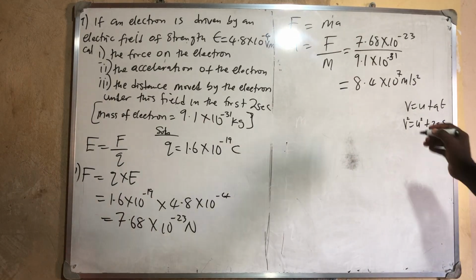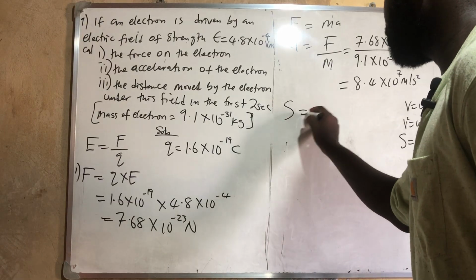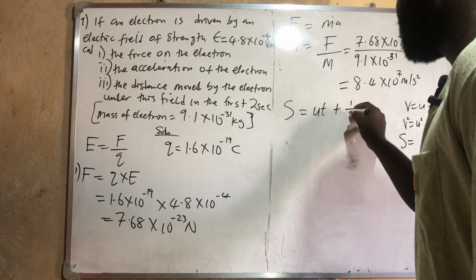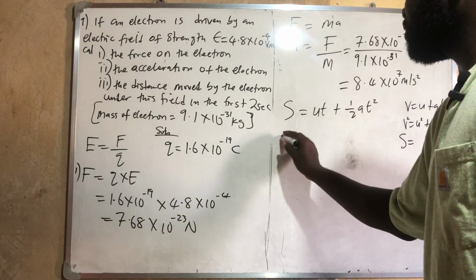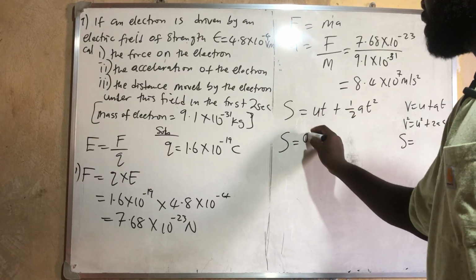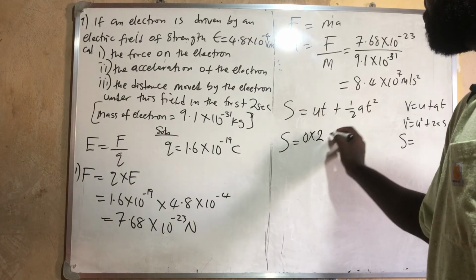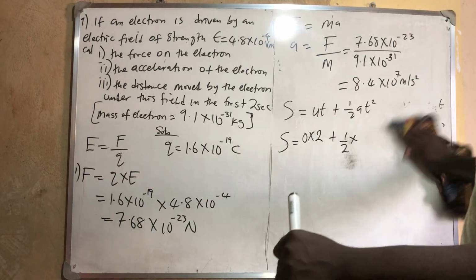So the one we're going to use is s equal to ut plus half at squared. So the distance s is equal to, the initial velocity here is 0, so 0 times the time they gave me, which is 2, plus 1 over 2 times the acceleration.